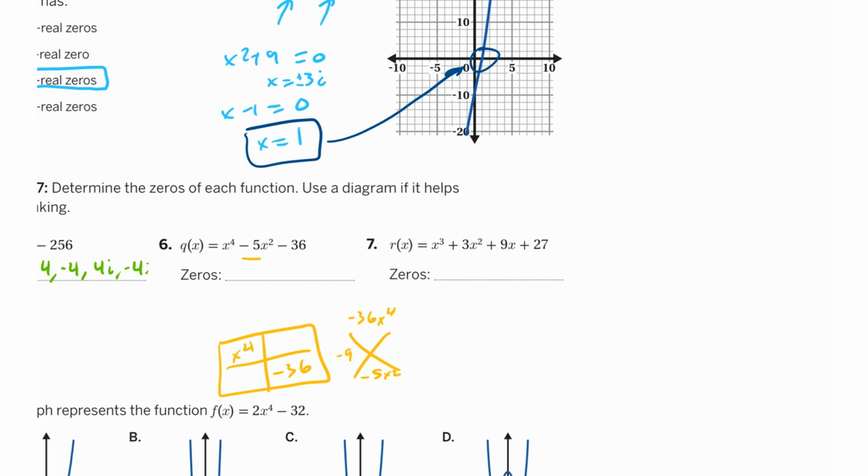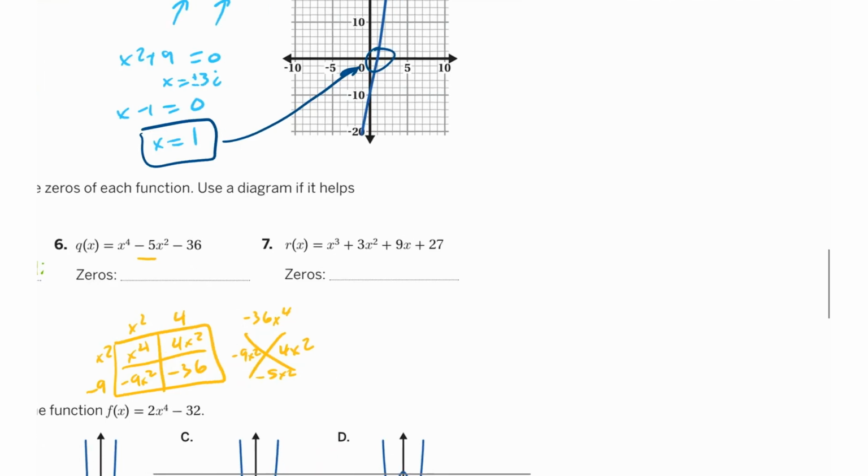So we got negative 9x squared and 4x squared. And so this one here, x squared and x squared, negative 9 and 4. So this now factors into x squared plus 4 and x squared minus 9.